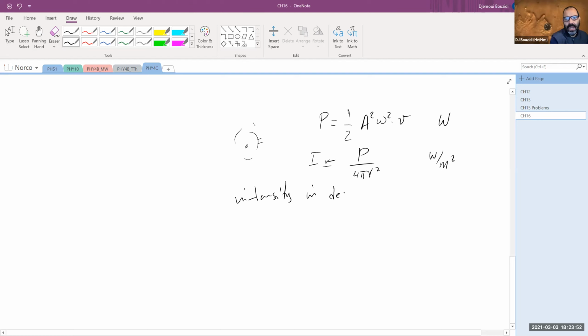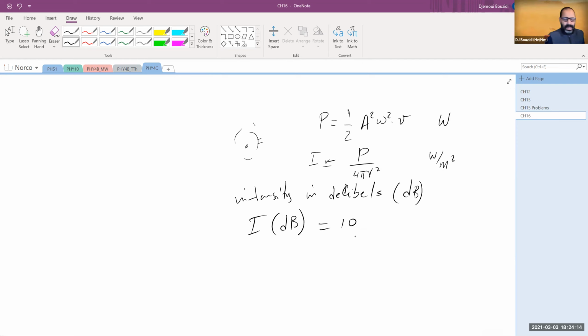This is just a preview of what we're going to see on Tuesday: decibels. So the intensity in decibels, with units dB, is by definition 10 times the log of I over I naught. Is it 10 or 20? I don't remember. I think it's 10, depending on how you choose I naught, and I will tell you what I naught is.